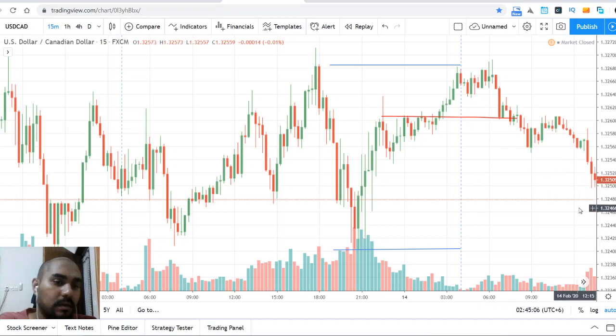I couldn't get in, but I wasn't looking to trade a range.